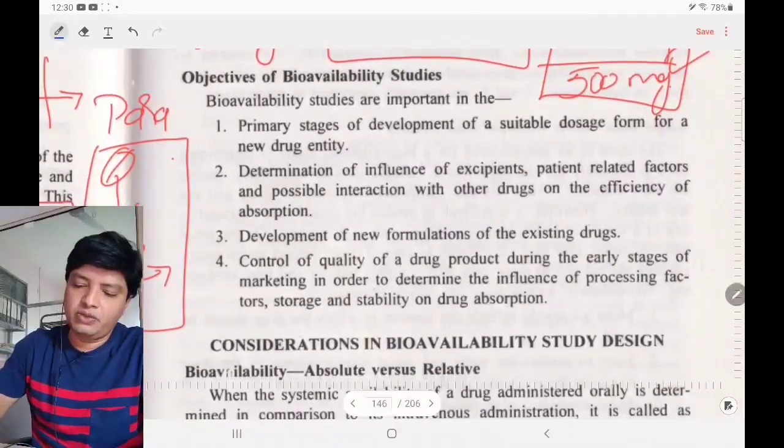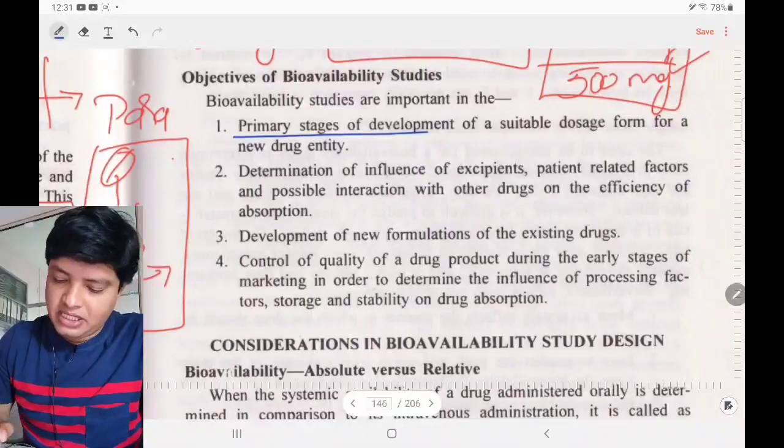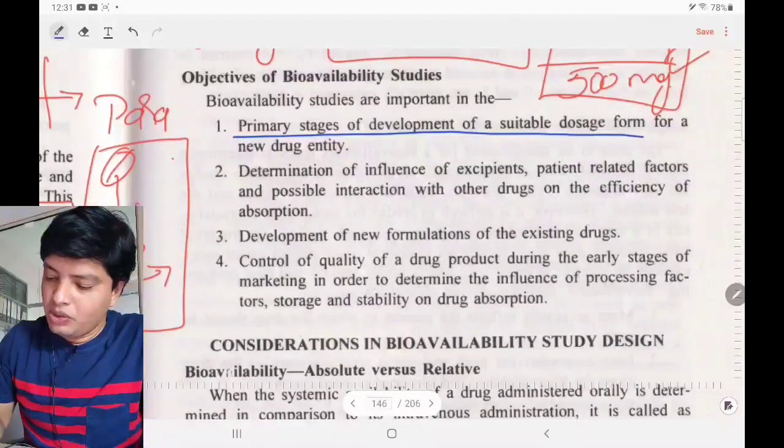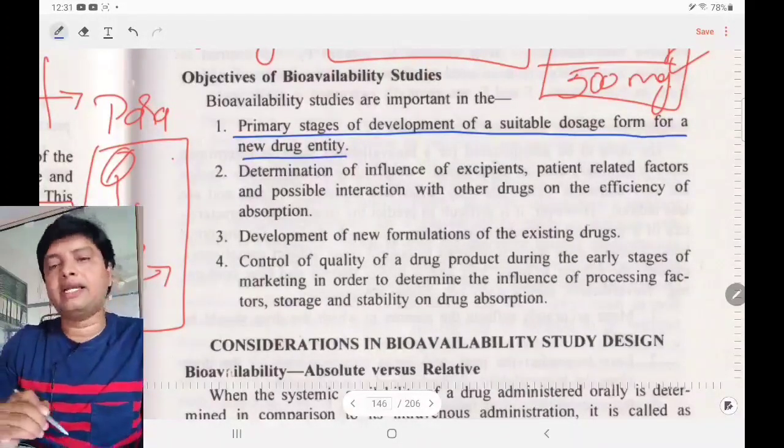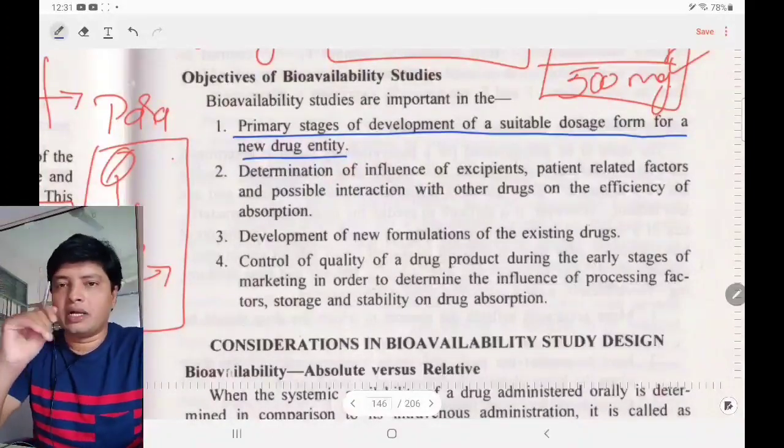The first objective is the primary stage of development of a suitable dosage form for a new drug entity. What this point is saying is, let's say you have a new drug in your hand.